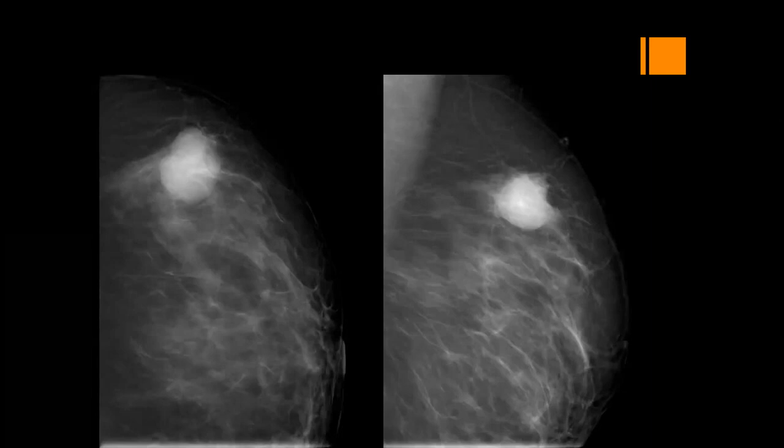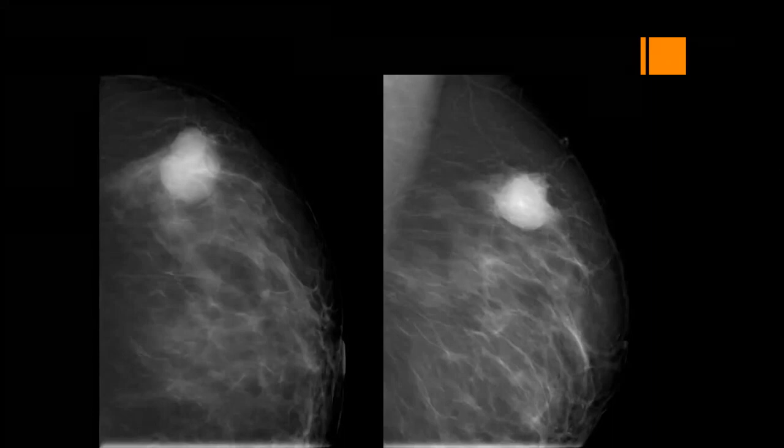But if it is palpable, I couldn't give it BIRADS 3. You will give it BIRADS 4, 4A. We should upgrade it if it fulfills the criteria of BIRADS 3 but is palpable, we just upgrade it to 4. Okay?